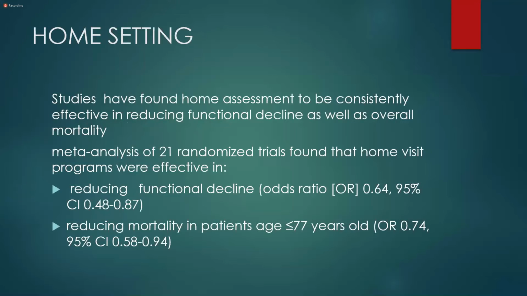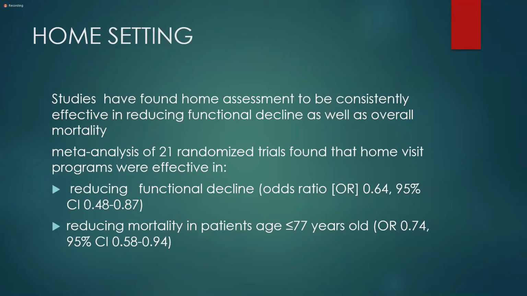In the home setting, studies have found that when you perform CGA during home visits, it is consistently effective in reducing functional decline as well as overall mortality. In fact, a meta-analysis of 21 trials found that home visit programs were effective in reducing functional decline, with an odds ratio of 0.64.